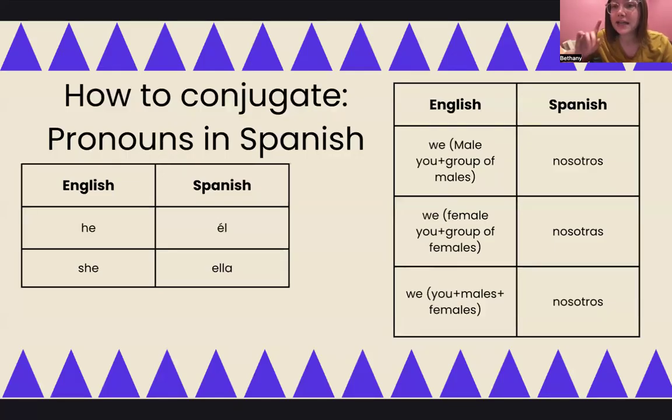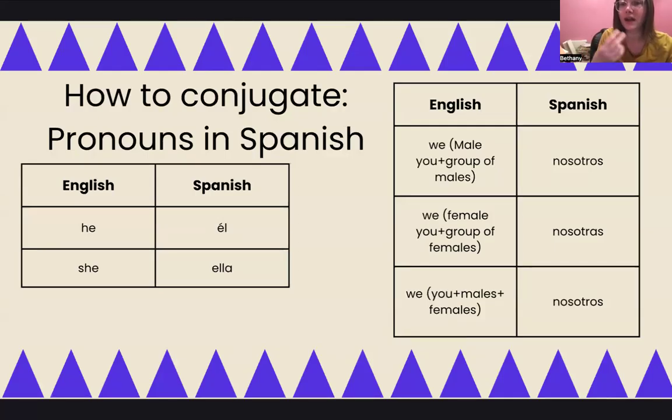And here's why. Even if you had 100 ladies and one man, it would still be nosotros. As long as there's a man in the group for we, including yourself, then it's nosotros. If it's all ladies and you are a lady, it is nosotras. So it could be my mom and I, so I'm a girl, and my mom, we would be nosotras, right?